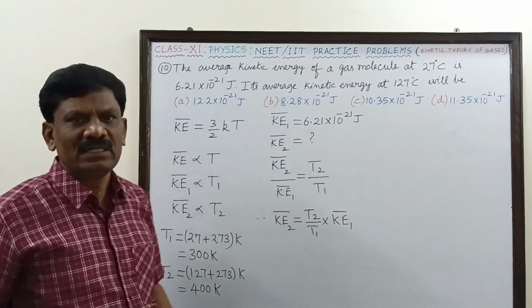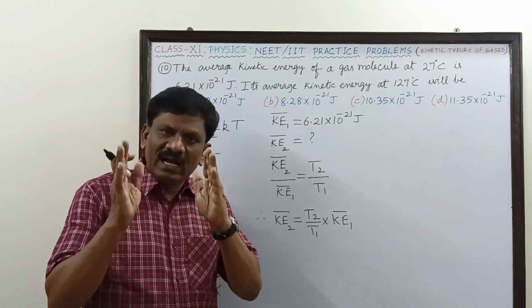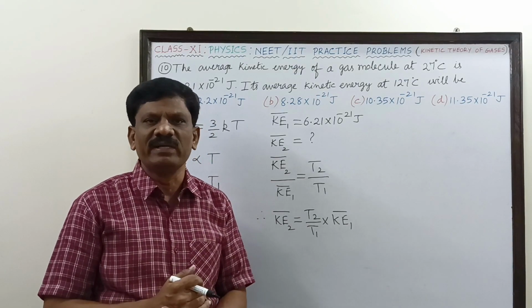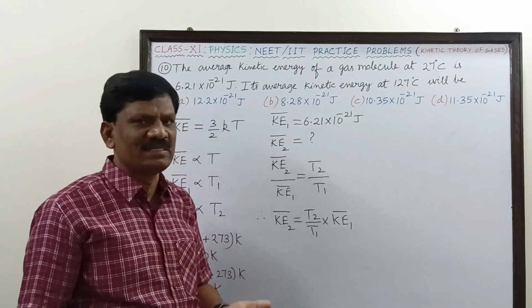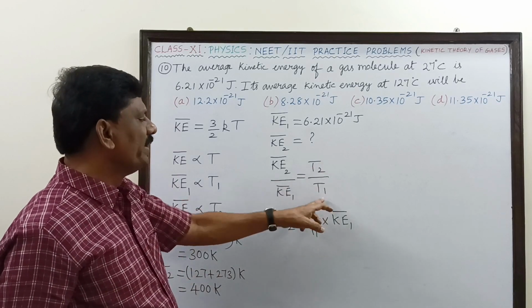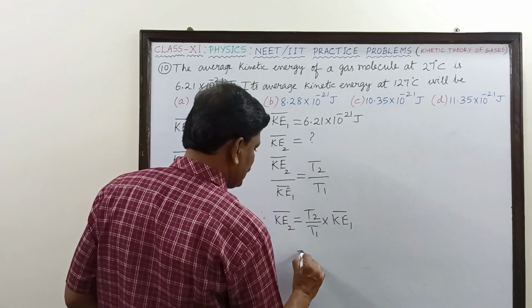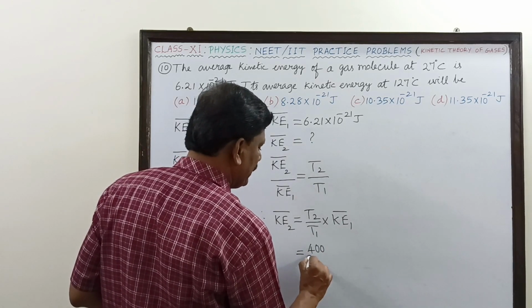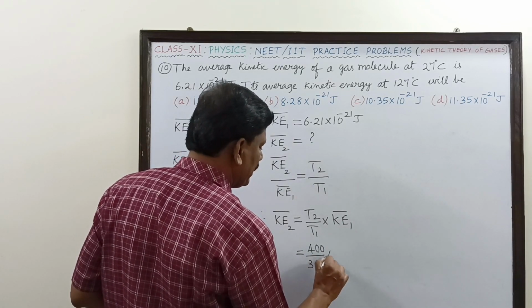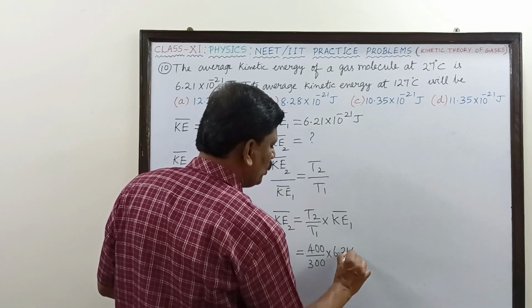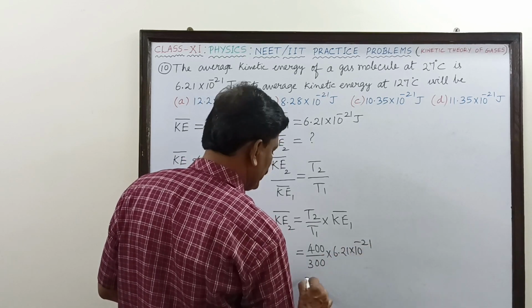So this is understanding the idea involved in solving the problem. Afterwards, it is only substitution. So T2 by T1, 400 by 300. So this is now equal to 400 divided by 300 into 6.21 into 10 power minus 21.